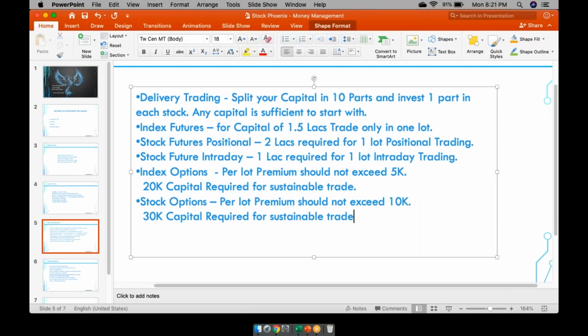Delivery trading in the sense short-term delivery, BTST, delivery trade. First, I'll tell you what is delivery trading. If you buy a stock and you carry forward for the next day, that itself is delivery trading.